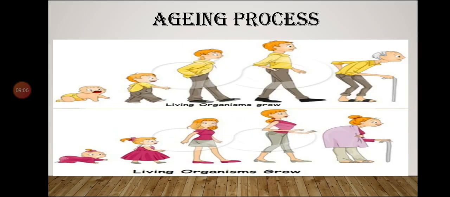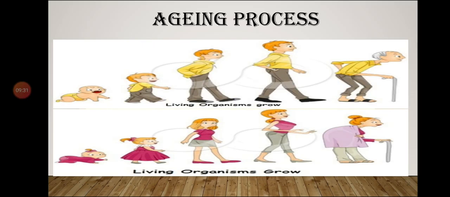That means life has to continue, but at a certain point of time the molecules, the organs, the systems begin to lose their effective working and become old. This is known as the aging process. So every living organism shows this process.